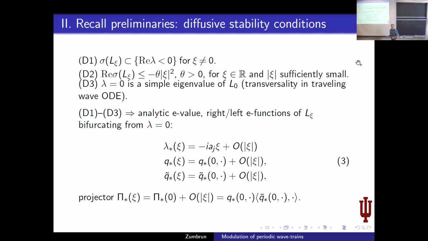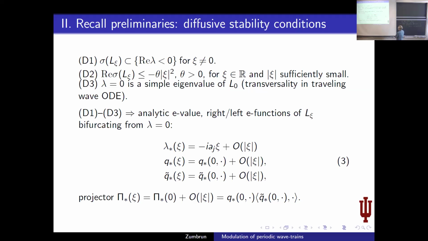Yeah, 0 is translation invariance. And so therefore, taking these together, we have an analytic eigenvalue and right and left eigenfunction, the critical mode or the neutral mode bifurcating from 0. So we give them a star. Lambda star is negative i times xi C, that's the eigenvalue, plus big O of C.